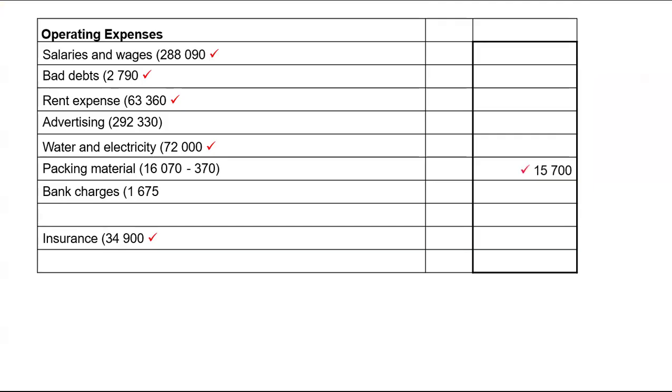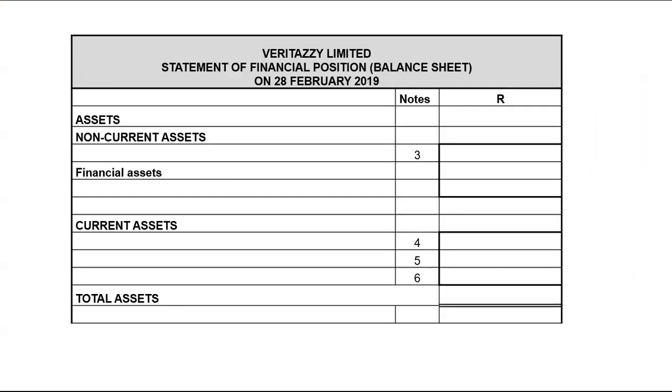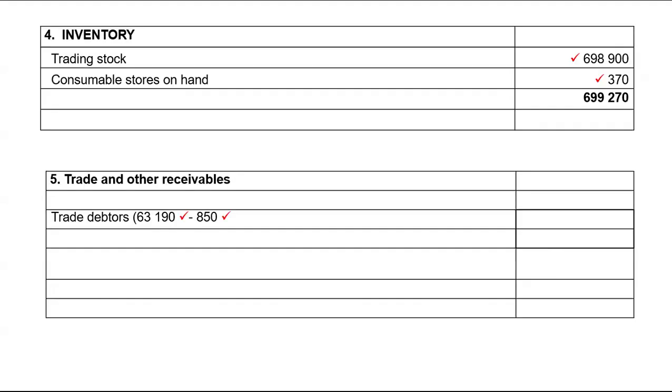That 370 qualifies to be packing materials on hand, but we normally call it consumable stores on hand, which is an asset, and it will be recorded under the inventory note as consumable stores on hand, 370. You can basically just total that up, which will be 699,270. You will actually put that under current assets as inventory, and then you put it there as 699,270. But we'll get to that later on.